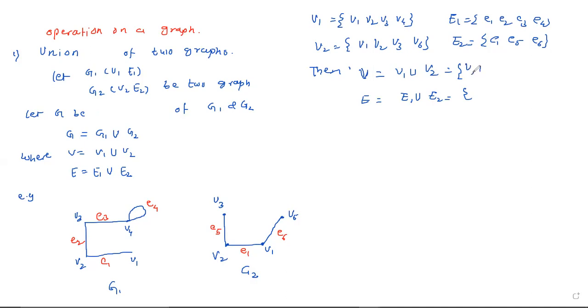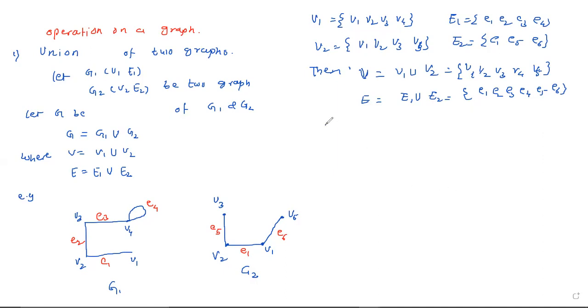So V1 is there, V2, V3, V4, and V5. Okay, so 5 vertices are there. And what about edges? E1, E2, E3, E4, E5, E6. So all vertices and all edges are considered. Okay. So in the same way, we show.